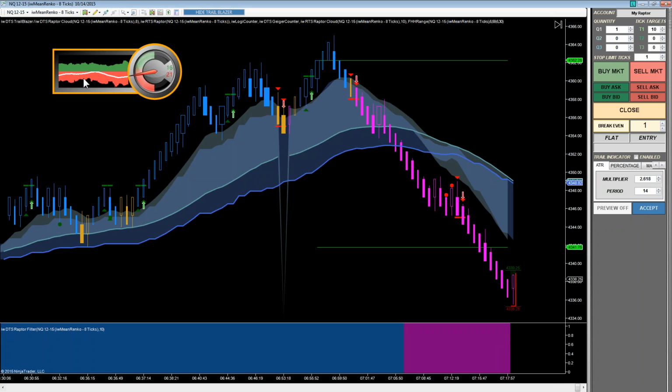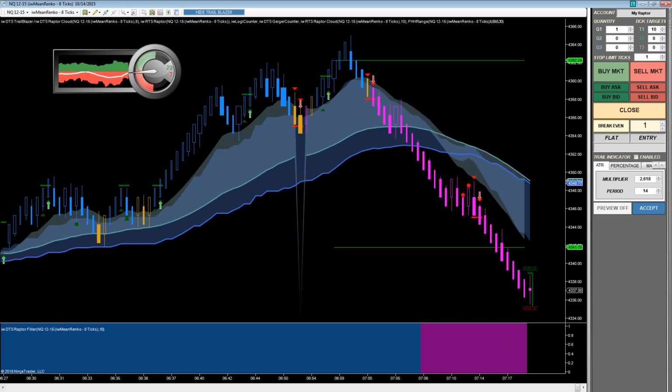With the Geiger counter, we tend to look for things like spikes, isolated spikes or plateaus in the histogram here, which will very often show us stop running, kind of show you a blowout of the buying or the selling. We don't have one yet. I'll point it out to you when we get one. We tend to see them develop a few times a day.